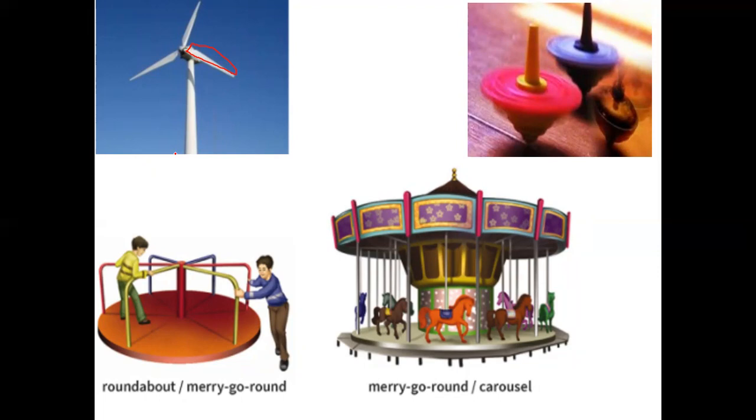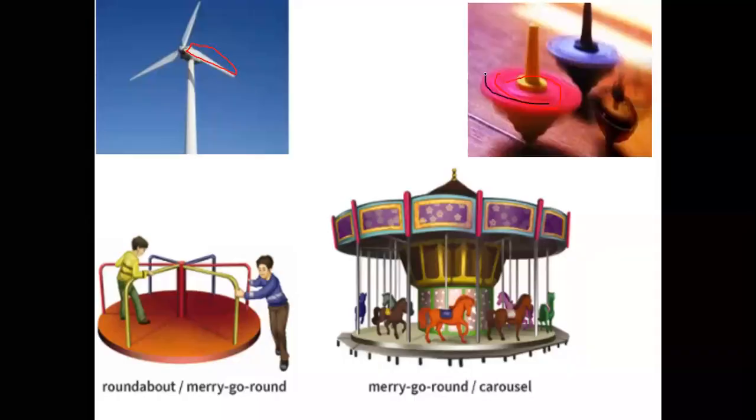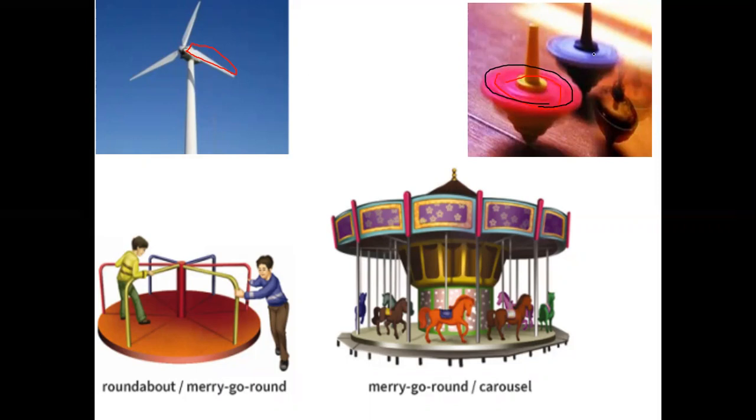The spinning top is going around and around, so this is a rotational motion. This roundabout, the merry-go-round, is also spinning. This is a rotational motion. Or the thing which you ride is also a rotational motion.